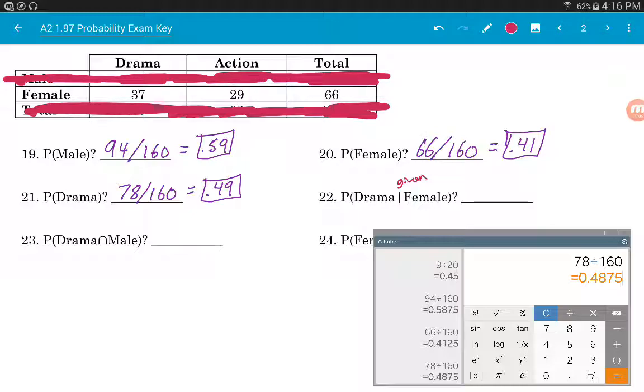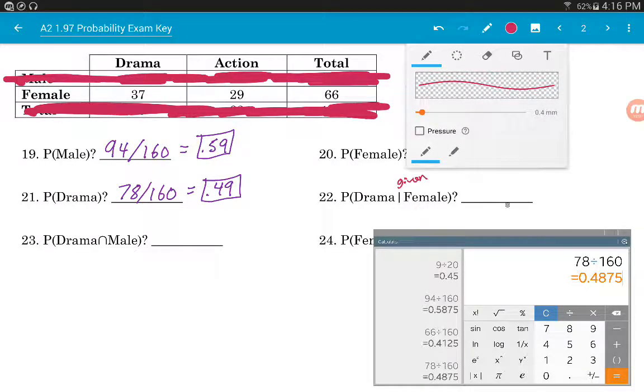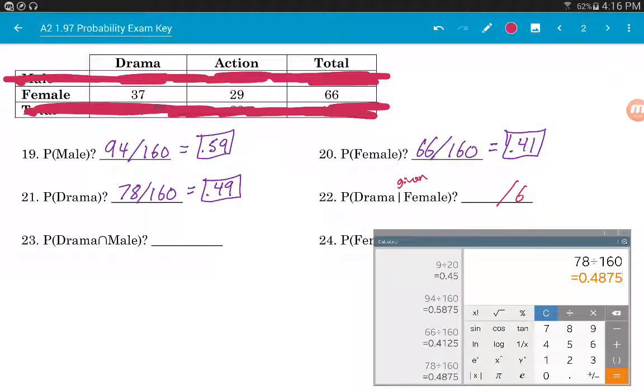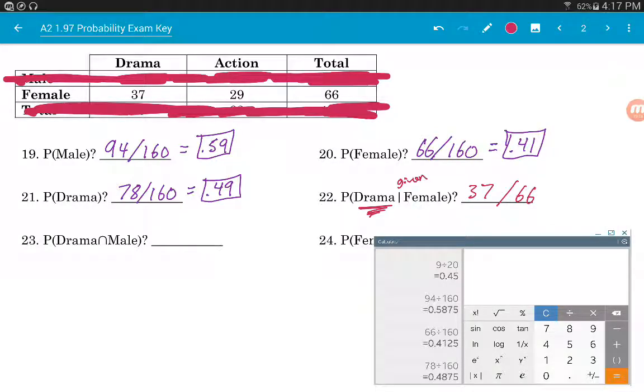Okay, so now how many is my total? My total is 66. And how many of them prefer drama? 37. You can just use your hands to cover these up, by the way, if you would prefer. 37 out of 66 is 0.56.